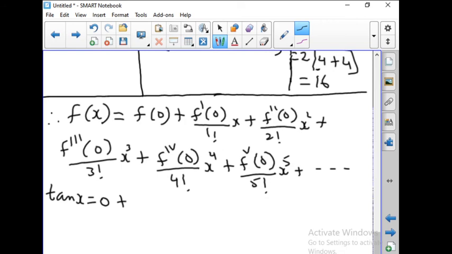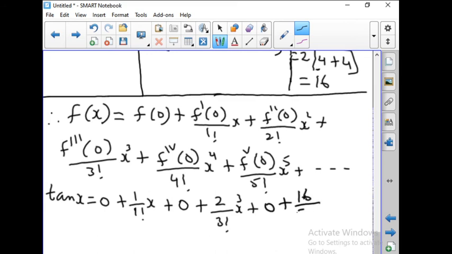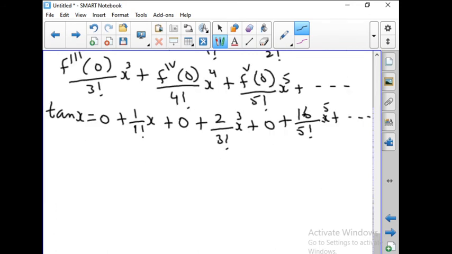So, 1 by 1 factorial is 1 into x plus f double dash of 0 is 0 plus f triple dash of 0 is 2. அப்போ 2 by 3 factorial x cube. f4 of 0 is 0 plus f5 of 0 is 16. 16 by 5 factorial x power 5 plus etc. Etc is very very important. You cannot stop there. Okay.